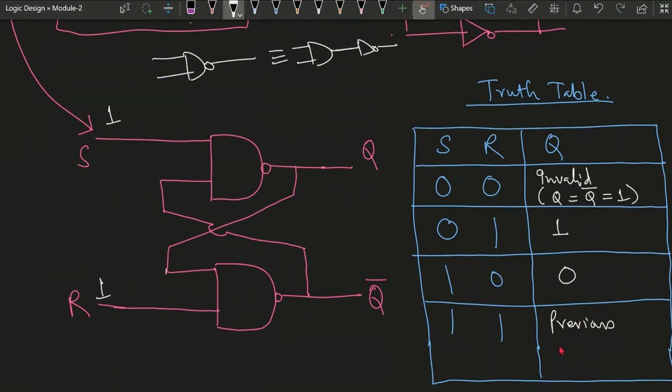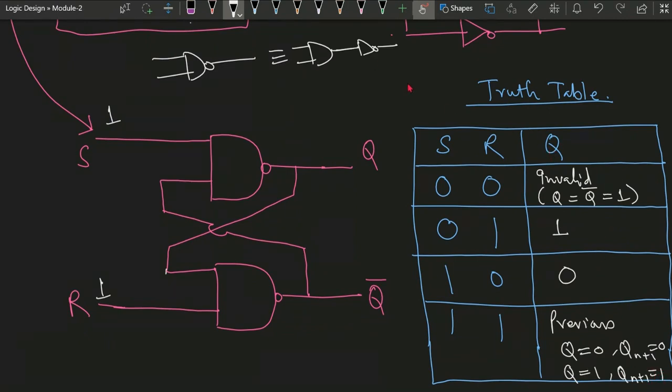Previous value it will be there. So previous value in the sense, if q was 0, the q n plus 1 is equal to 0. If q is 1, q n plus 1 will be 1.